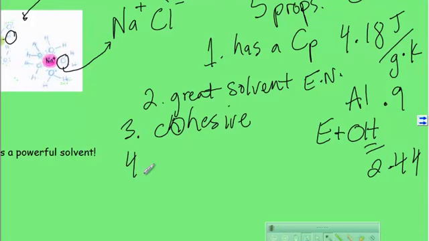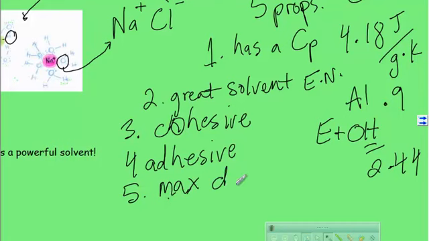It's adhesive. It sticks to other stuff, which causes capillary action. And a biggie is its maximum density. Where is it? 4 degrees Celsius. There you go. Maximum density at 4 degrees C. So we really couldn't have life on Earth if we didn't have that one phenomenon of water, that it's less dense as a solid than it is as a liquid.